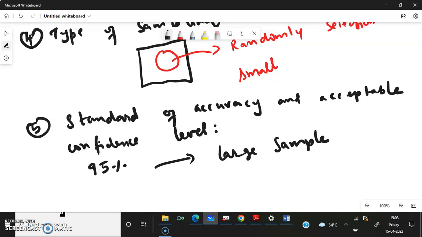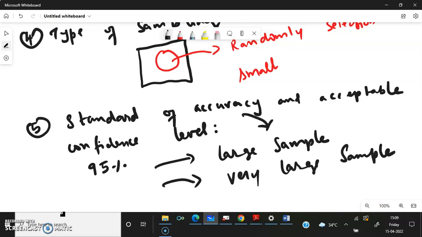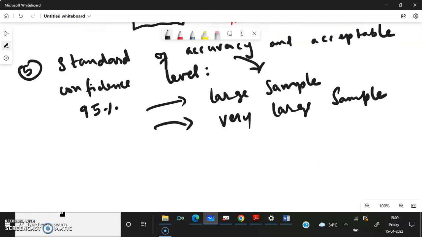For doubling the accuracy, I need a very large sample. It means I'm increasing accuracy, this much accurate I should be, then I need a very large sample so that I can be close to accurate. Not exactly, but close to the accurate.